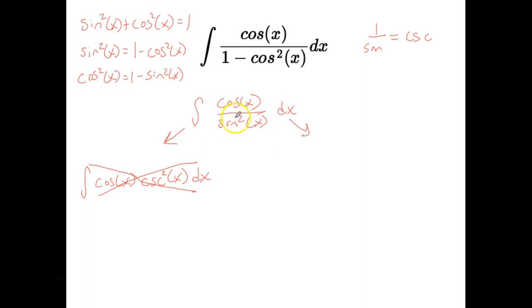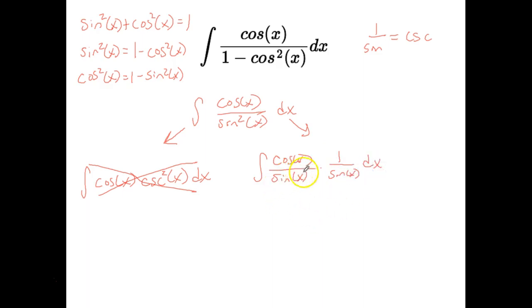Okay, another route I could have gone is I could have written it as cosine of x over, now I have sine squared means sine times sine, right? So how about I separate this to be sine of x times 1 over sine of x dx.